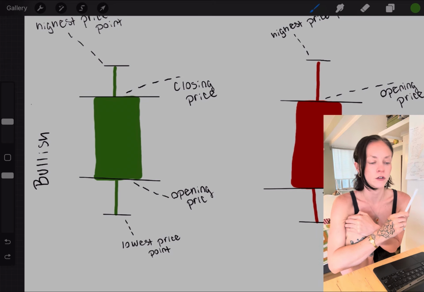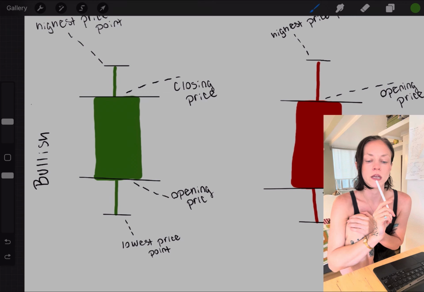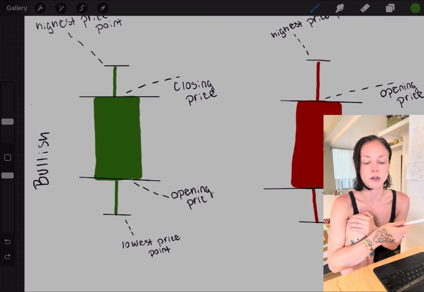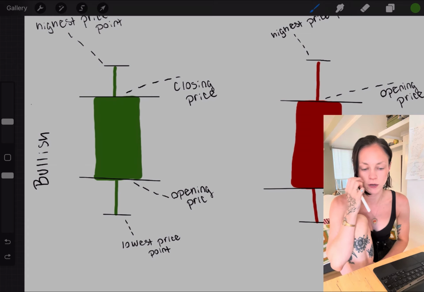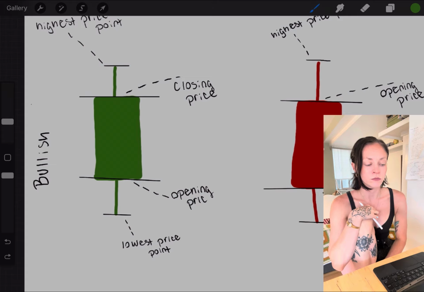So this foundation knowledge not only helps in reading individual candles, but it's going to set the stage for you to be able to recognize patterns that will signal potential market reversals or continuations. So that's pretty much it.